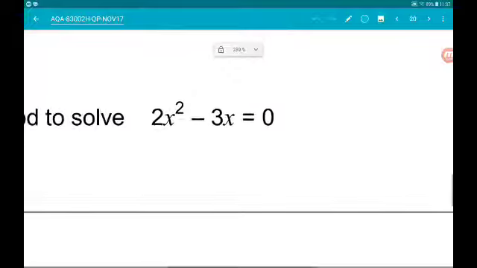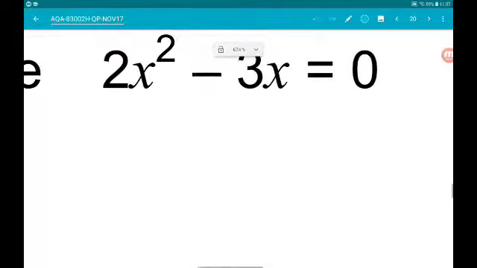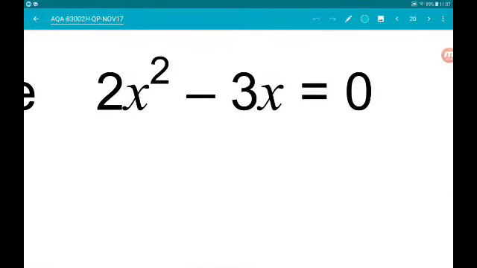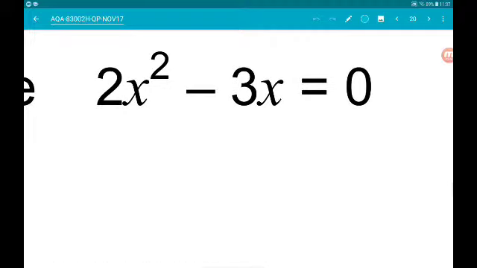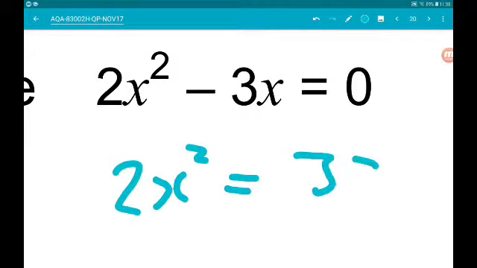Well, notice that we are solving 2x squared minus 3x is equal to 0. So we can add 3x to both sides. So we would get 2x squared, which is the curve, is equal to 3x, which is the straight line that we want to draw.